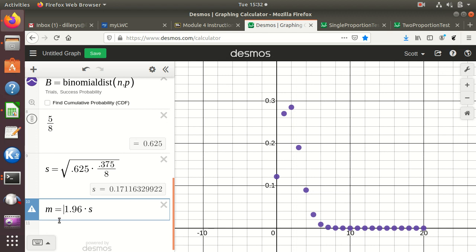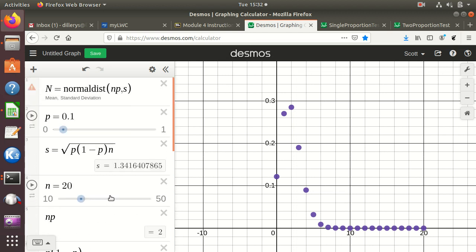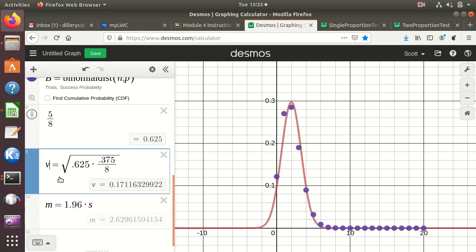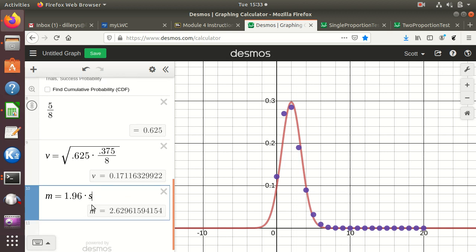M equals 1.96 times S, how come it didn't like that? Did I use S somewhere else up here? Ah, yeah. Okay. We'll just call it V. I could get rid of all that stuff up there, I guess. But I call it M because this quantity right here is called the margin of error.